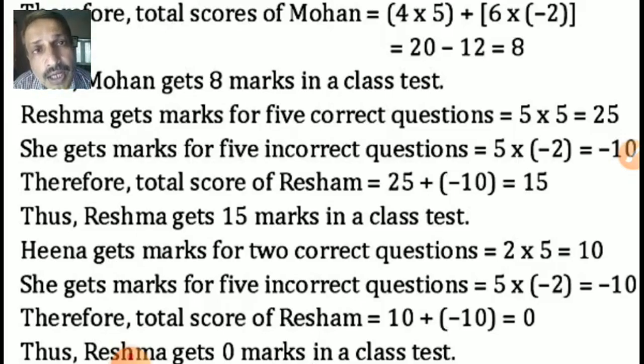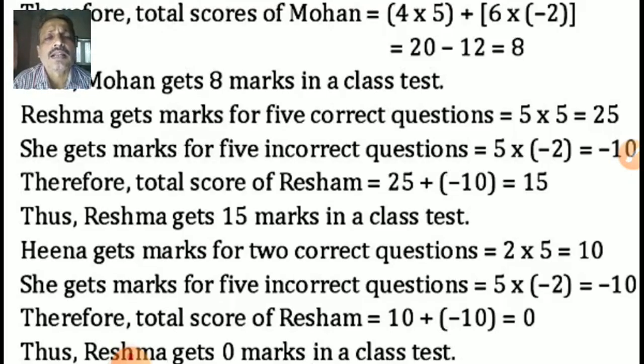So 5 twos are 10. But which type of 10? Minus 10. Combine both marks. 25 minus 10, which gives, yes, calculate yourself in your rough note. Yes, you are the fastest one. 15, and correct. Fastest and correct.